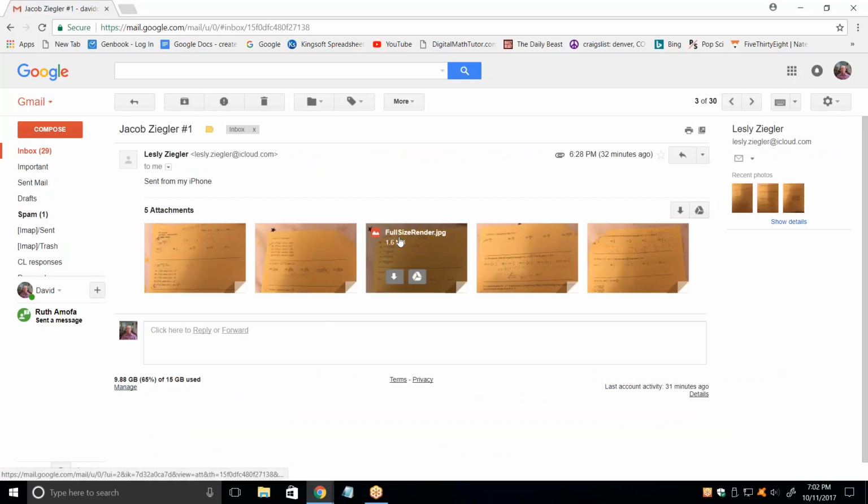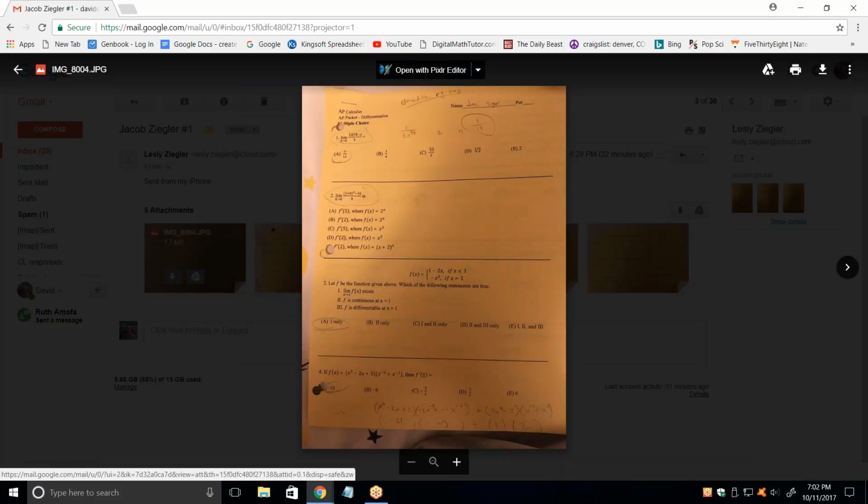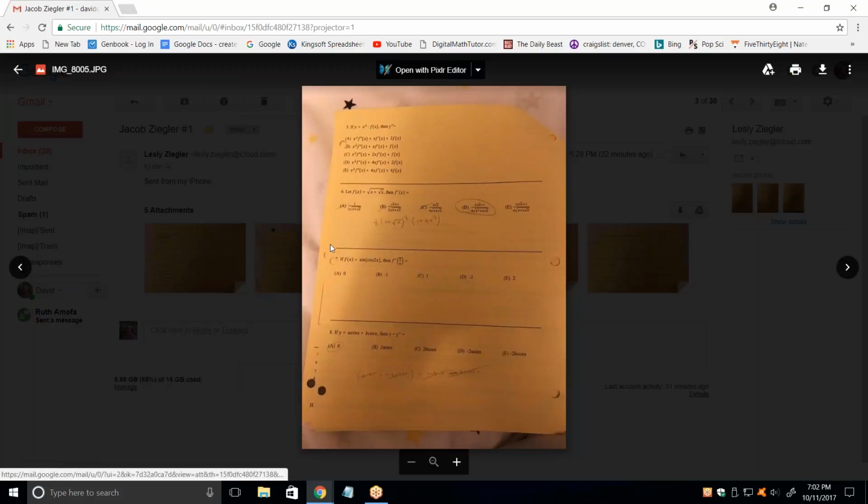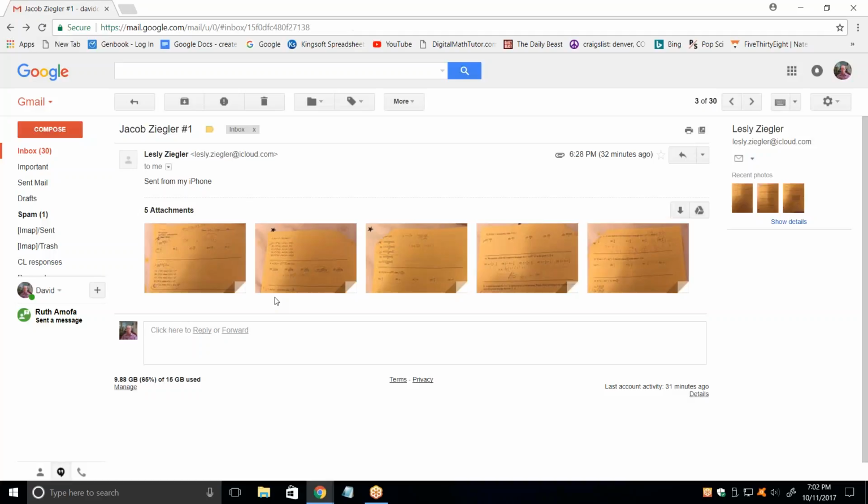Do these black stars mean anything? No. That's the first page, so it's probably the first one. Yeah, it's that one. Okay, cool. Let me download that, and then I'll be able to move it around.